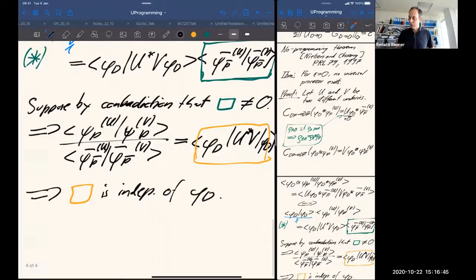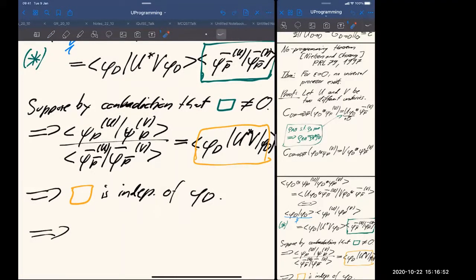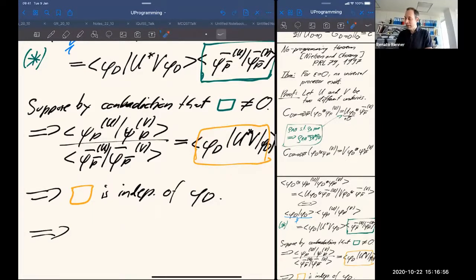But this is very useful because it's independent of phi d, since the left-hand side is independent of phi d. If for any phi d this has to have the same value, this can only be if the thing in the middle is the identity, or maybe some multiple of the identity.